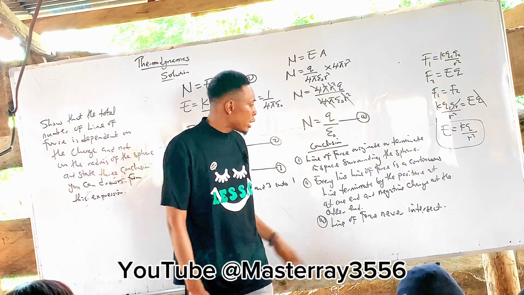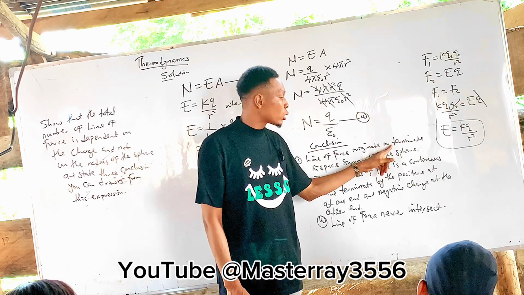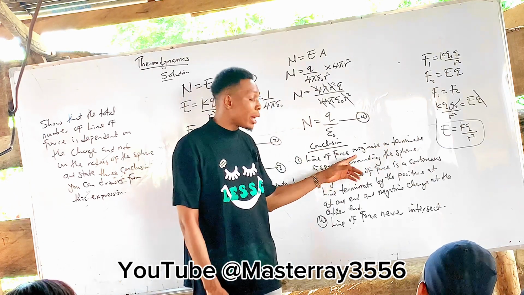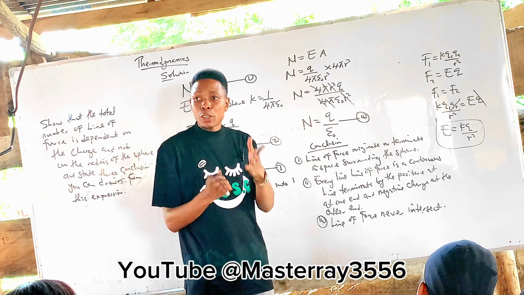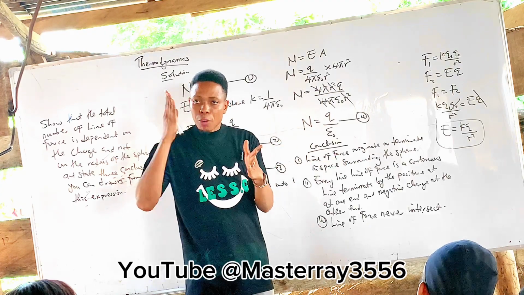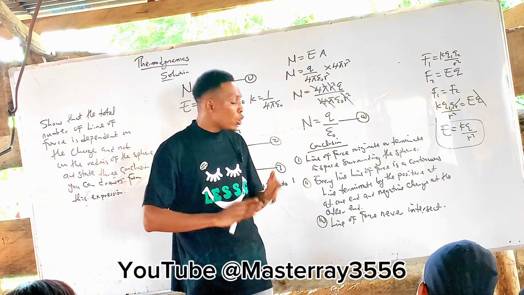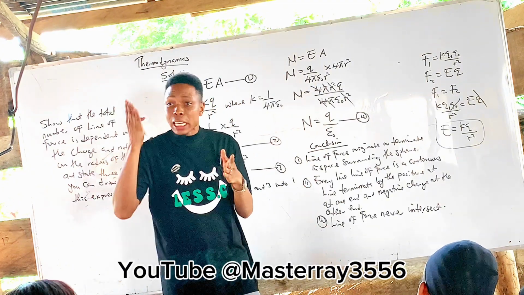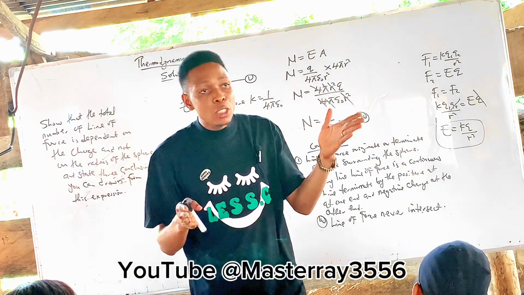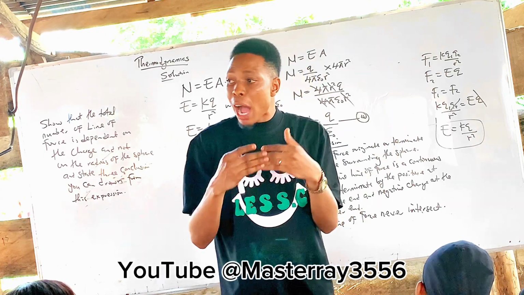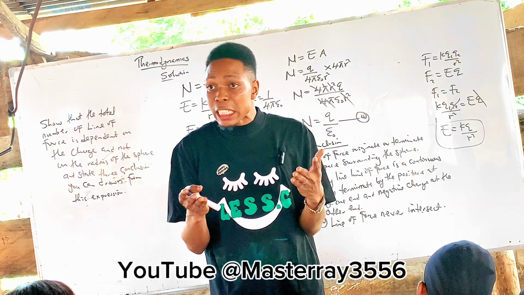Number one is, lines of force originate or terminate in the space surrounding the sphere. When you are drawing your lines of force, you start from positive to negative or negative to positive. And if you observe, you always have your negative charge at one end and the positive charge at the other end when you have unlike charges.